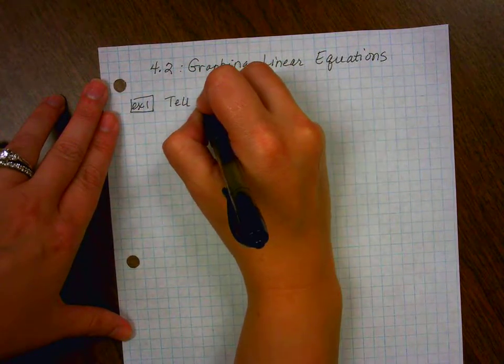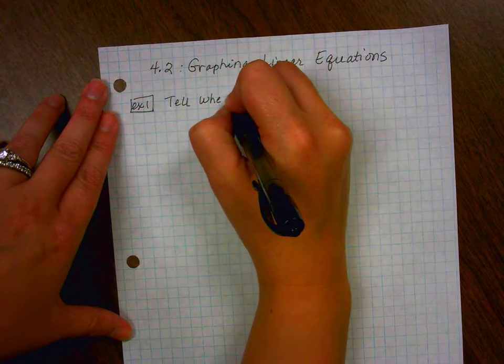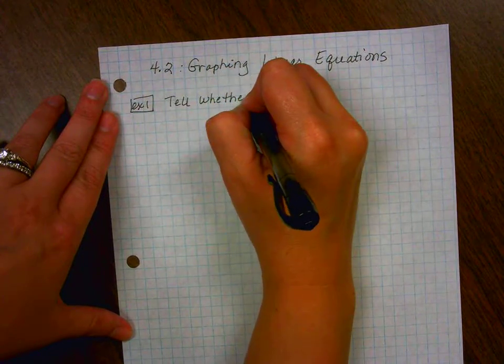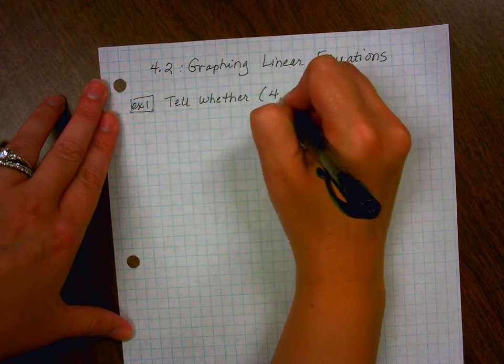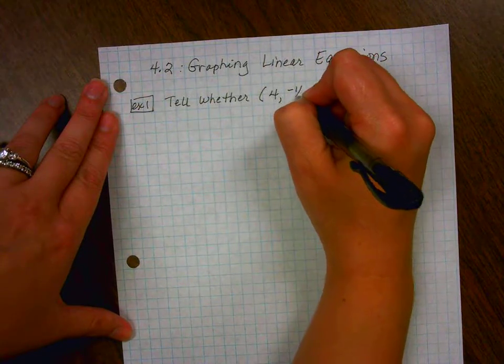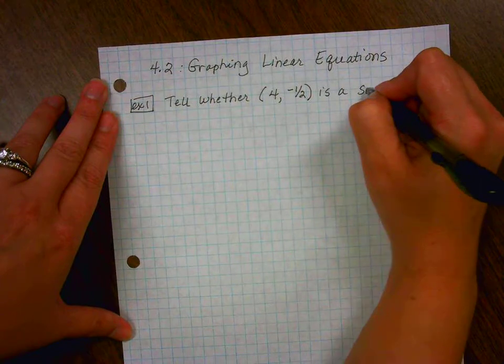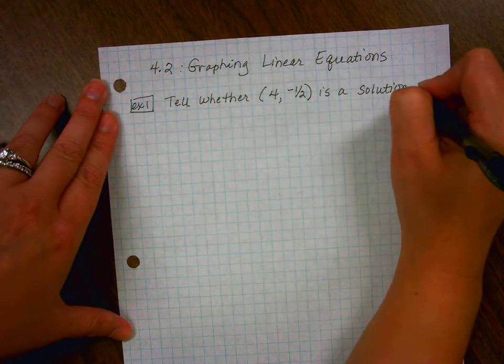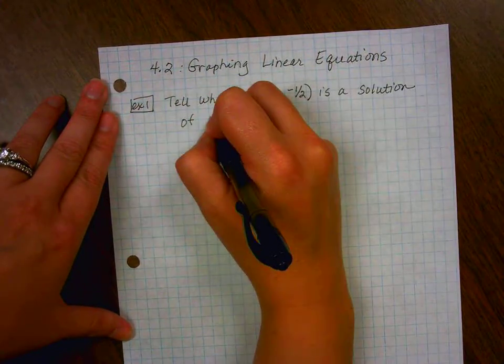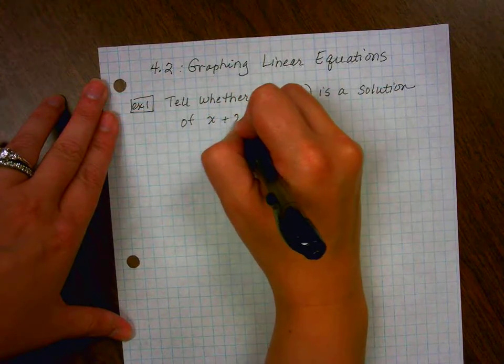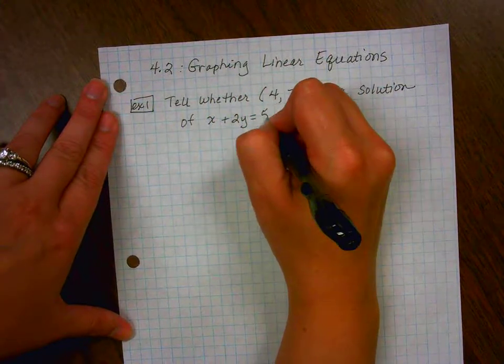So tell whether the point (4, negative 1/2) is a solution of x plus 2y equals 5.